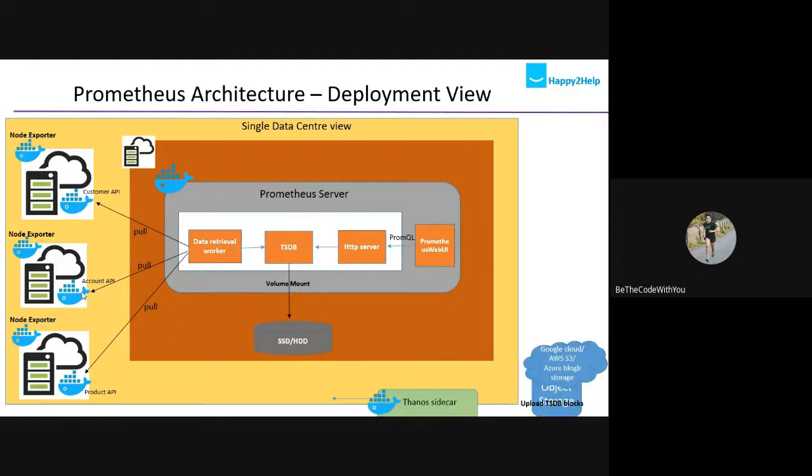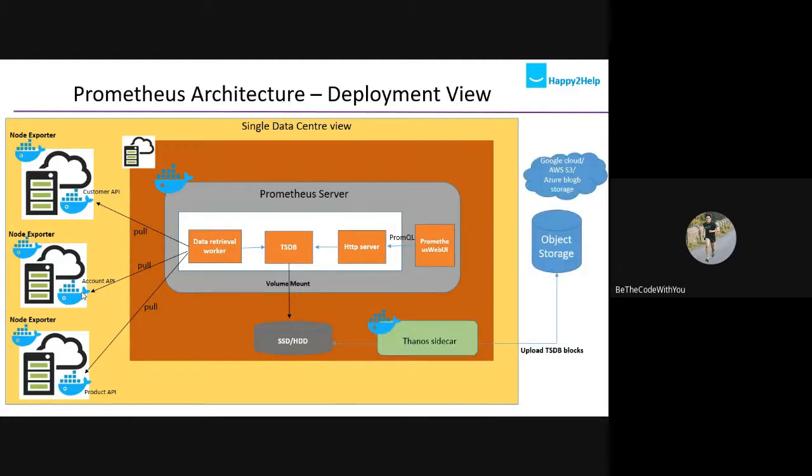Then, what is the Thanos sidecar? You can run another sidecar, which is another library supported by Prometheus. If you want to scale it out, it is recommended you take regular snapshots of your data, and over a period of time you can run this sidecar, which will pull the data to object storage or cloud or anywhere.